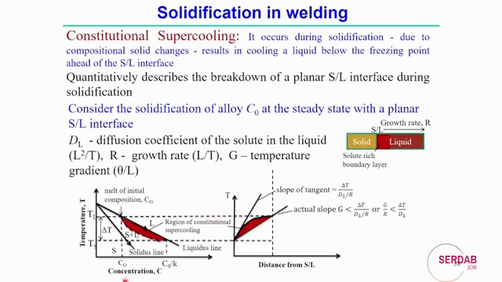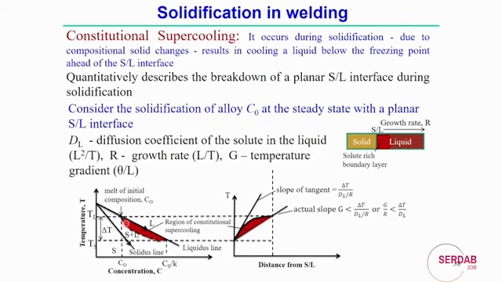Now, if we see the temperature versus concentration graph, here you can see the solidus line, the liquidus line, and the initial composition C0. So this material is subjected to some amount of supercooling.